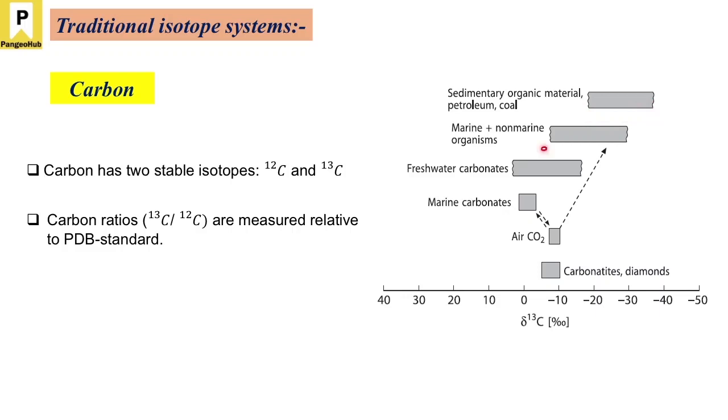Then the variation is expressed here in terms of bar diagrams for marine and non-marine organisms, the freshwater carbonates, marine carbonates, air carbon dioxide, and carbonatites and diamonds. As you can see, carbon isotopic ratios vary so much, and this makes carbon a whole system that is very useful to study this mechanism process to identify these sources.